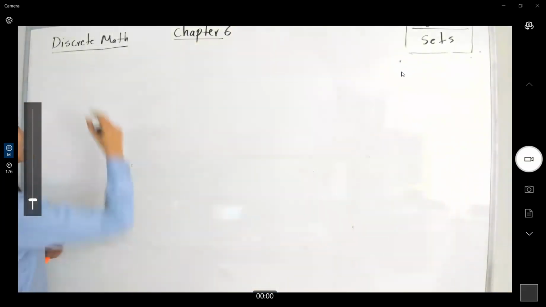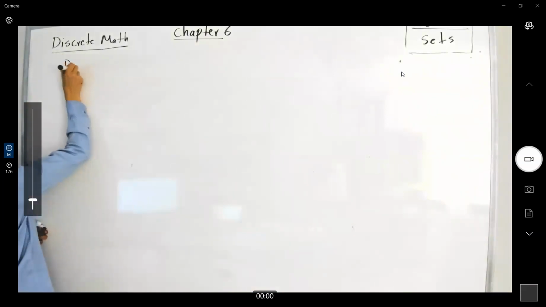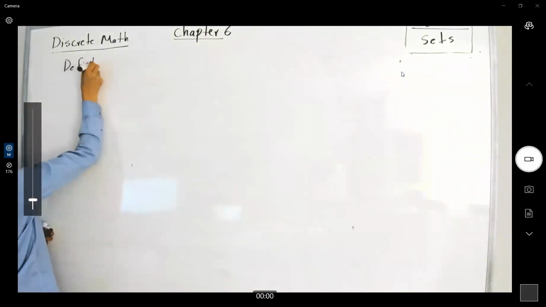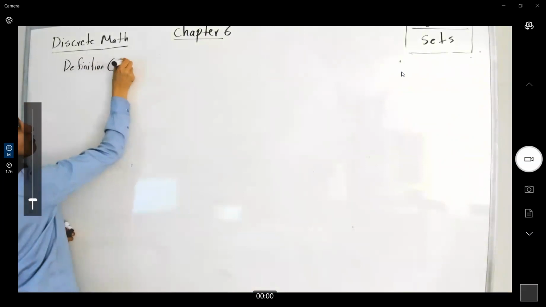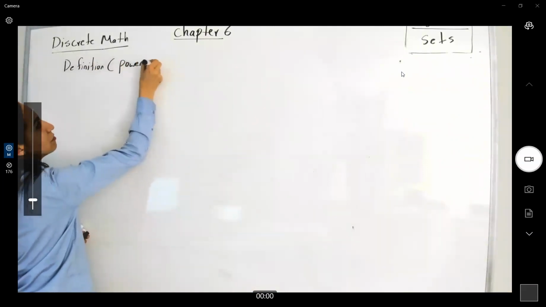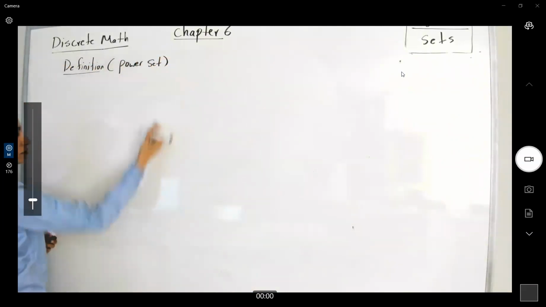So a power set, definition of power set.